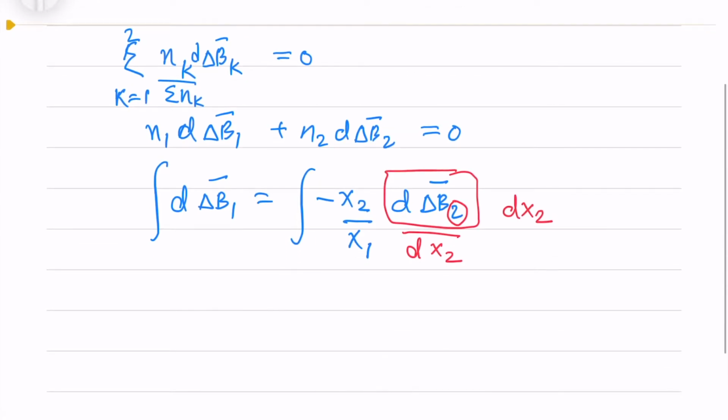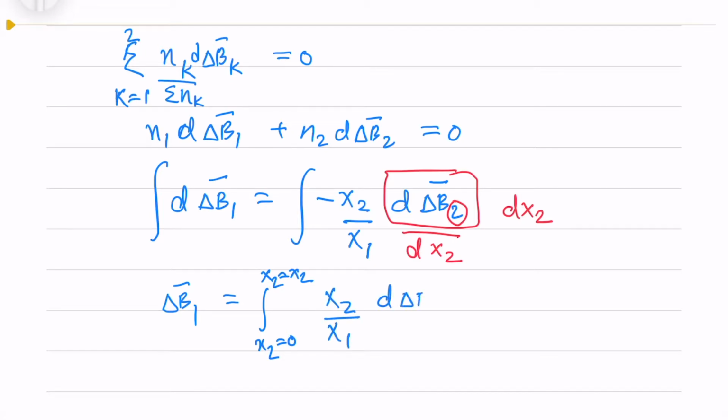For this integration, the partial molar property of 1 equals the integral from x2 equals 0 to x2 of x2 by x1 into the differential of the partial molar property. So here we do the differential and then we integrate it.